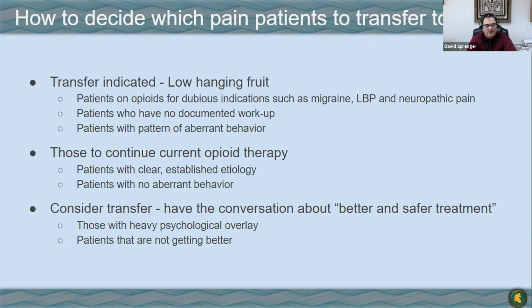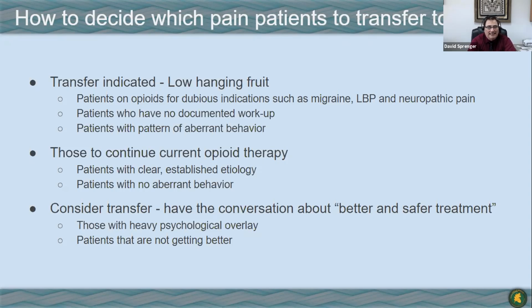taking opioids on a regular basis for more dubious indications: migraine, low back pain without a history of surgery, neuropathy, since opioids don't work so well for neuropathy.